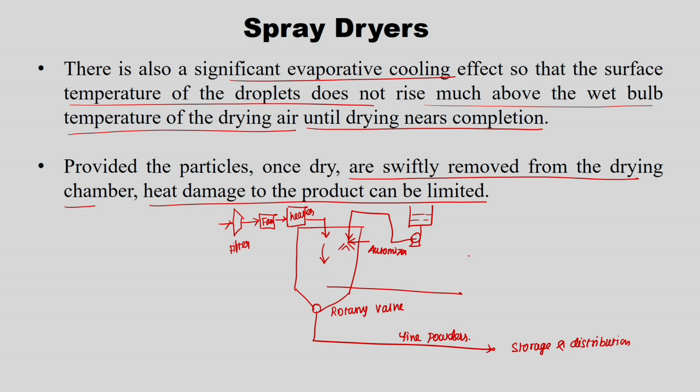Then the air is further sent to the cyclone separator, because the air also has some of the powdered product. So exhaust air leaves. Then the fine powder is further fed into the final product, or sometimes it may also go back to the drying chamber as a recycled product.